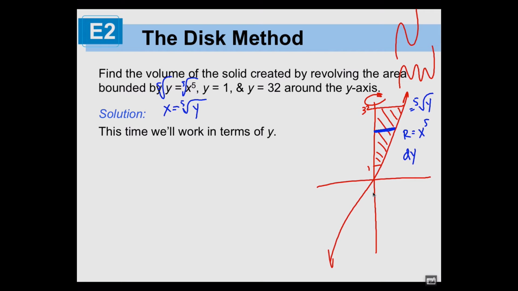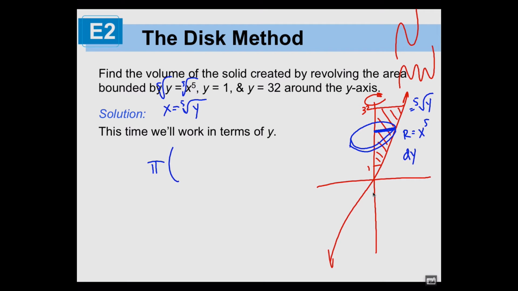Okay, so far? Spin that. If I spin that, I get something that looks like this. There's my little disc. What's the volume of that disc? Pi, good start.